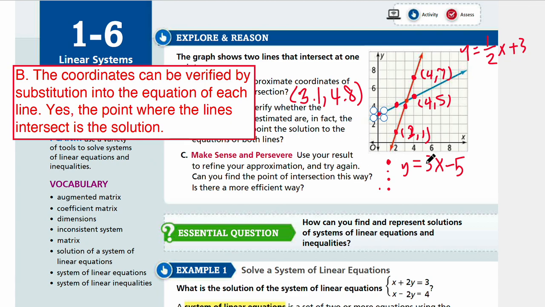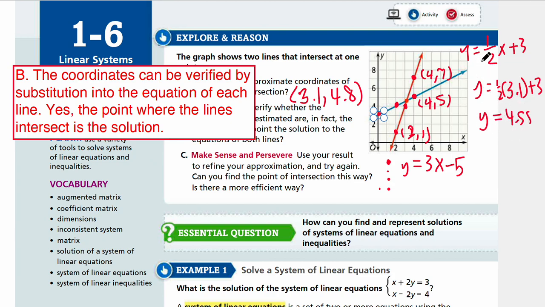And you can plug in your values. Plug in 3.1 into the first equation. Then you'll get y equals 1 over 2 times 3.1 plus 3, and then see what you get for the y value. You would get 1.55 plus 3, which is 4.55.